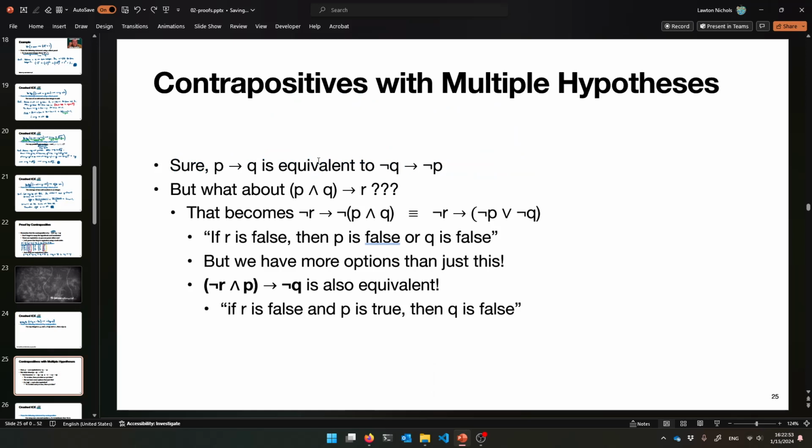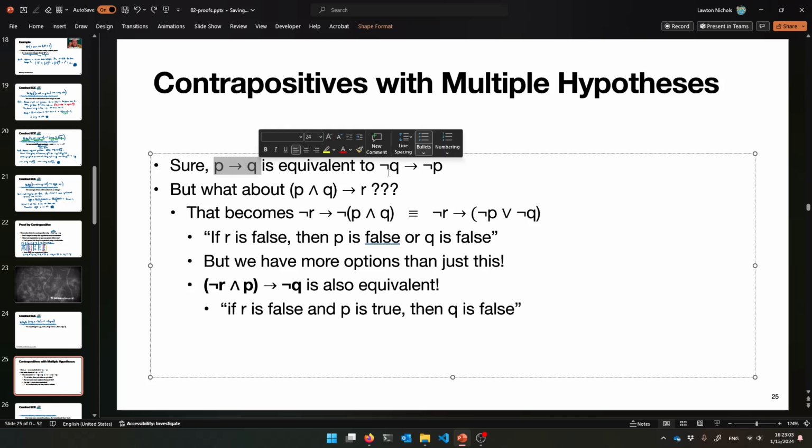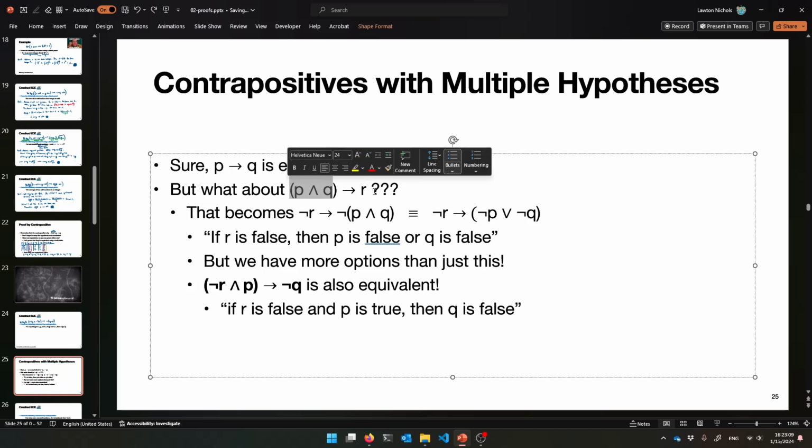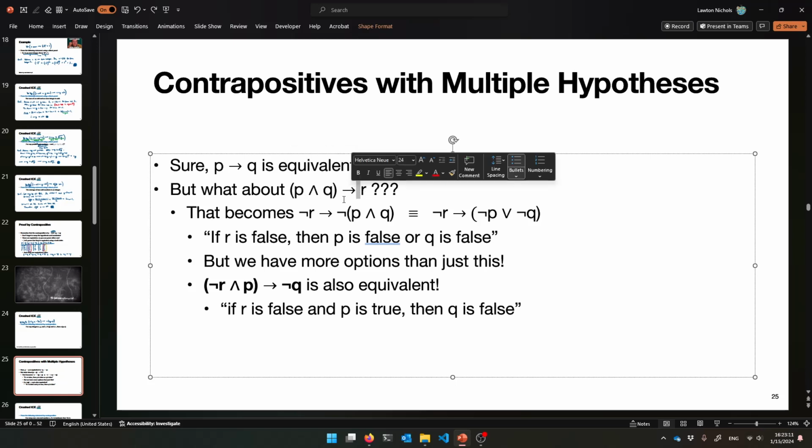All right. So you can make a contrapositive when you have multiple hypotheses, and you have options, because you can do some cool stuff. We know that this is equivalent to its contrapositive like this. But what about this? P and Q implies R. Well, that turns into not R implies not (P and Q), the negation of the whole thing.